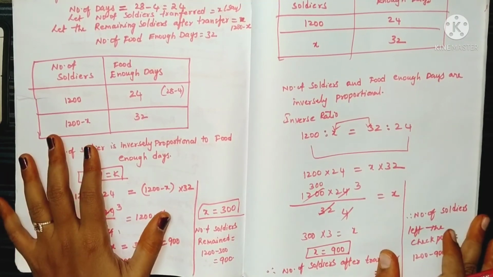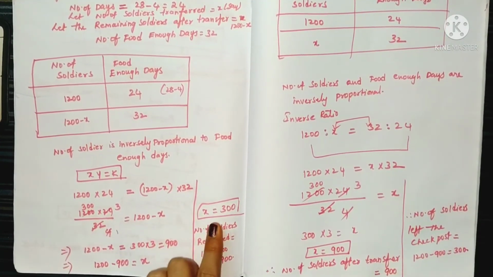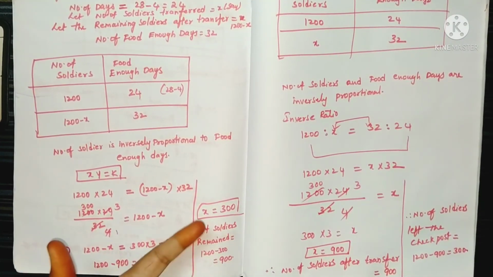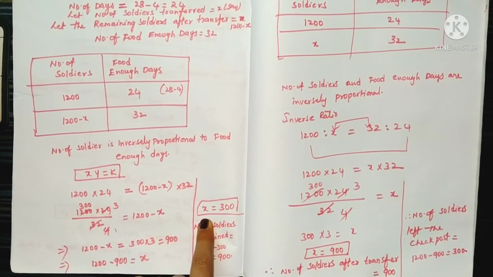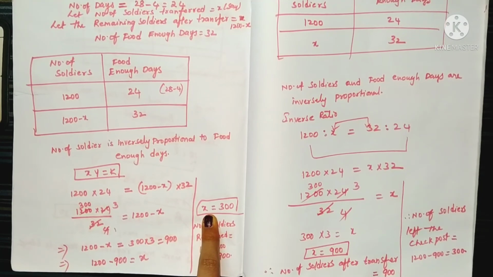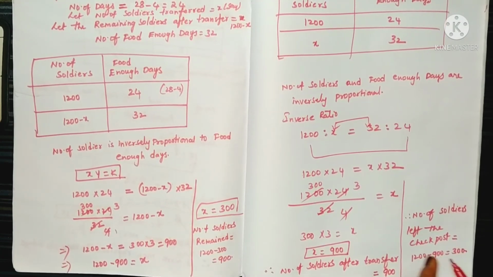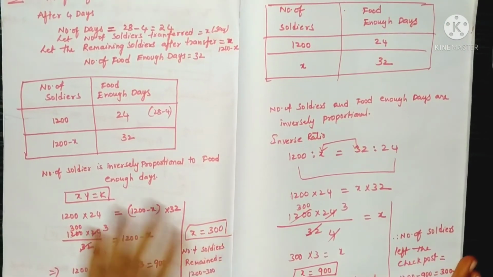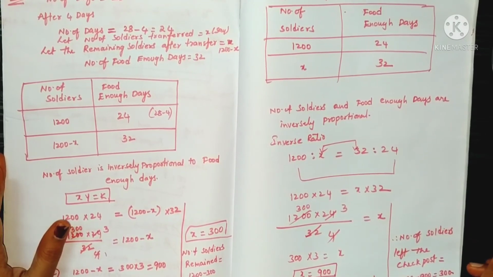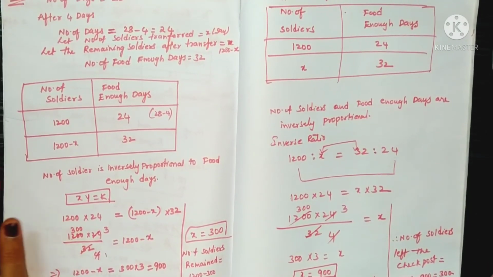So in this problem, the number of soldiers who left the check post, that is those transferred, is 300. The number of soldiers after transfer is 900, and those transferred who left the check post are 300. So these are the solutions of exercise 7.3 based on inverse proportion.